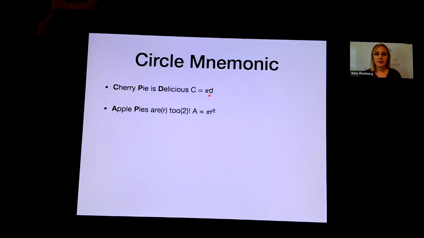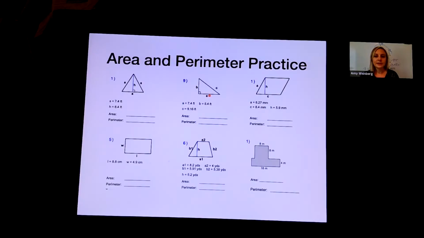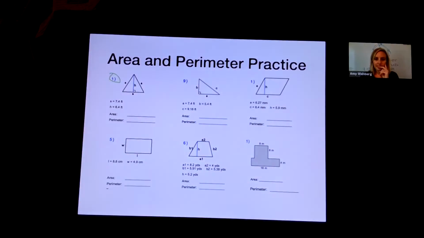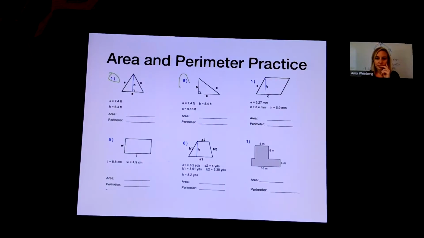Okay. All right, let's do some practice problems. Let me circle them. Let's do 1. Let's do 2. We're finding area and perimeter. Let's do 5, and then let's do this other one. Actually, let's eliminate this one. Hold on, eraser.